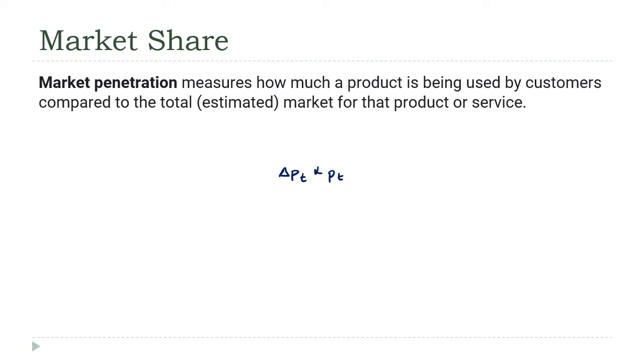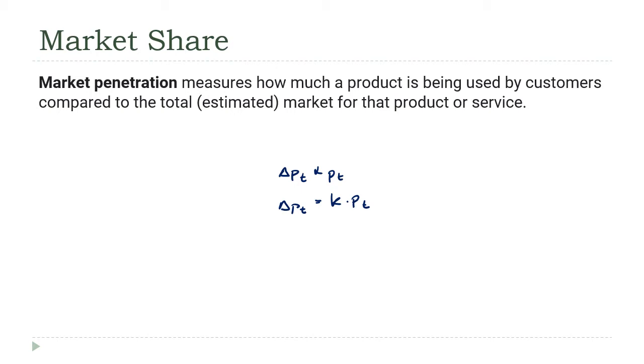In other words, delta P sub T is equal to K times P sub T, where K is a measure of how popular the product is.